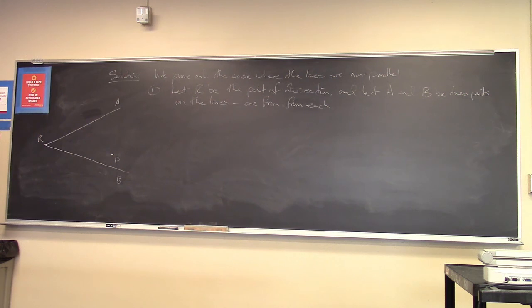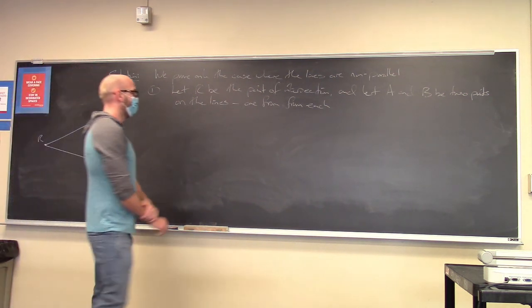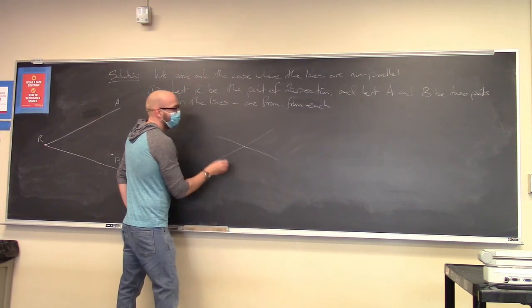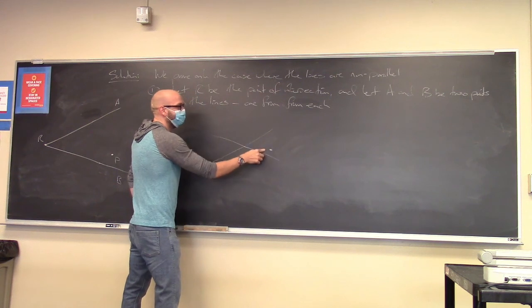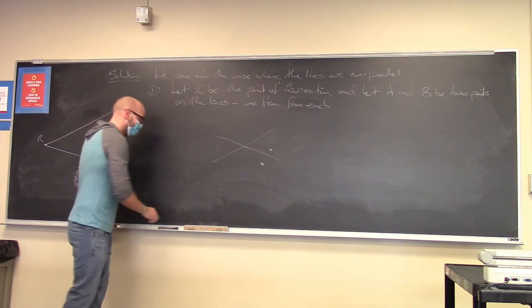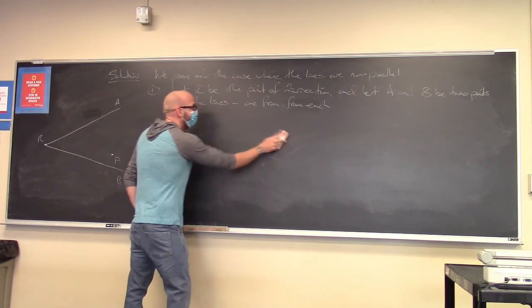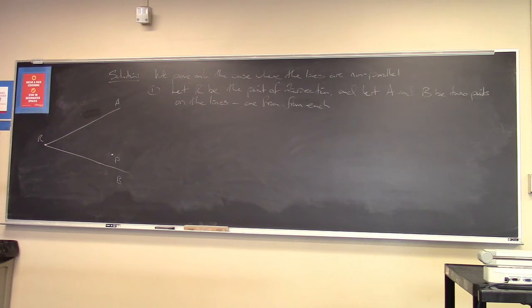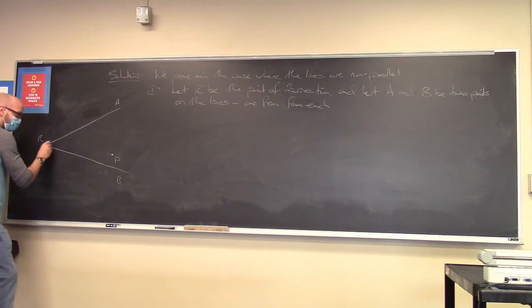Does that matter? Well, remember, I'm only drawing this part of it, right? But these are infinite lines. So choosing P here between the two lines is the same as choosing P here, still between the two lines, right? So it doesn't actually matter. So P does land something like this. Let's draw in RP.